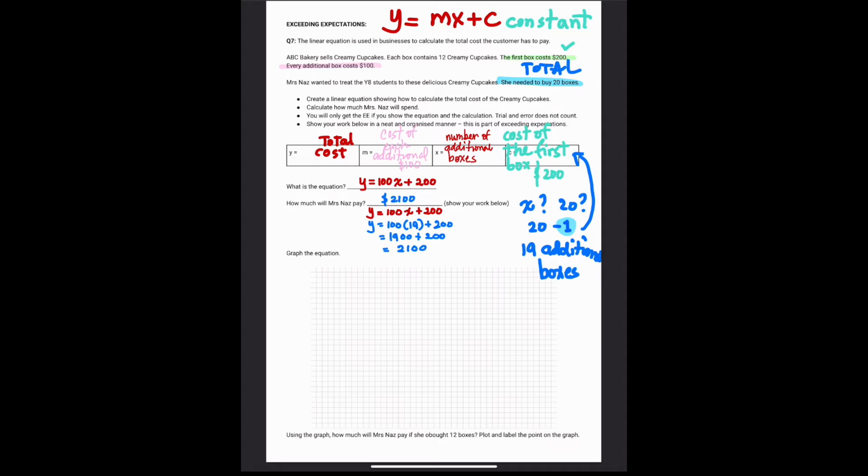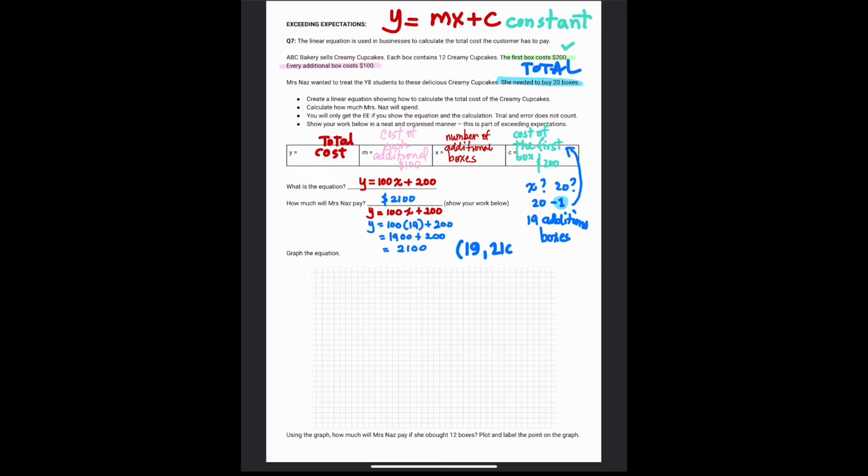Now we know that we have our first set of coordinate points: 19 for X and 2100 for Y. That means if the customer buys 19 additional boxes, the customer will pay $2,100. So let's create our graph.